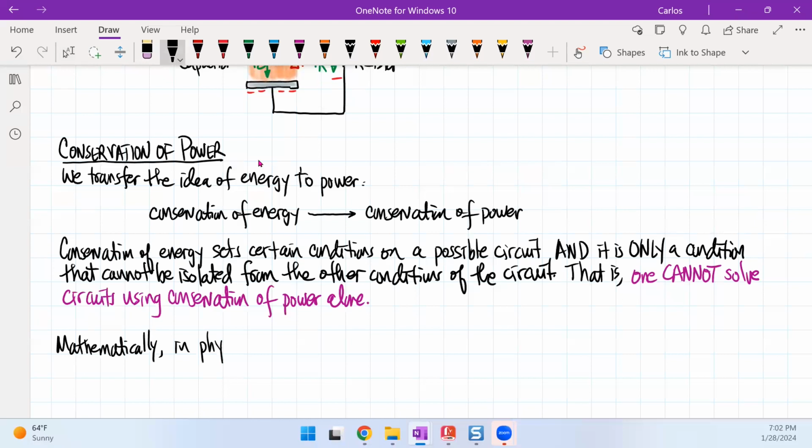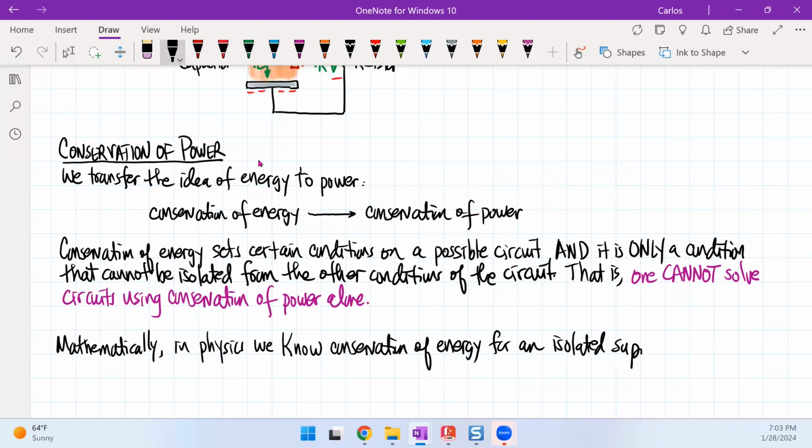In physics, we know conservation of energy for an isolated system to be the initial energy must equal the final energy.